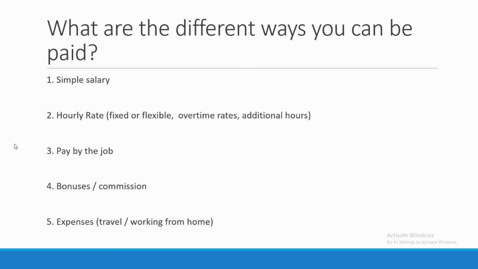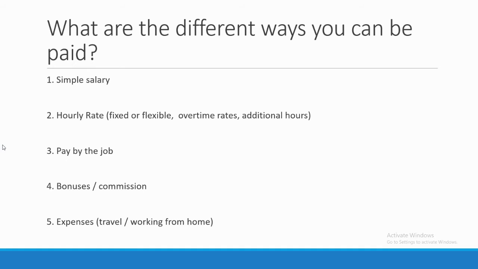And then finally, another way that you can get paid, which lots of jobs have had, certainly in the past, is little perks in terms of travel. You might get paid mileage on your car. You might get paid a certain amount that goes towards paying for your car every year. Or at the moment, you can get extra expenses for working from home, because obviously if you're working at home, you have to have the heating on for longer in the day, that sort of thing.